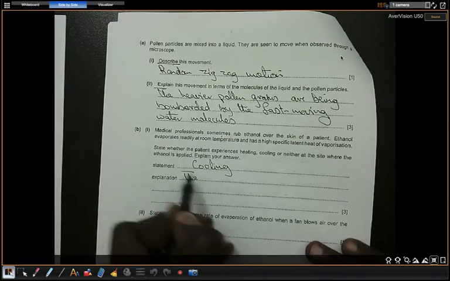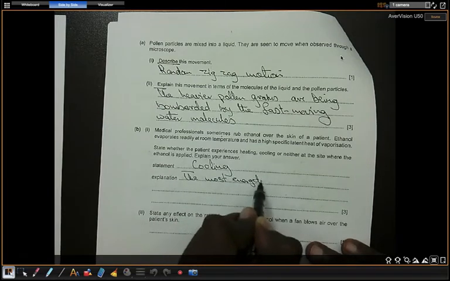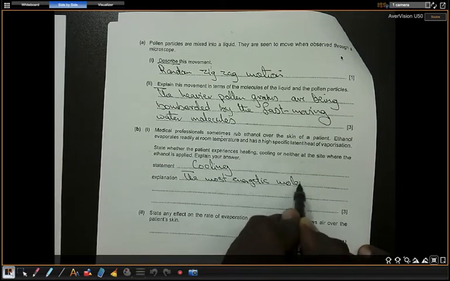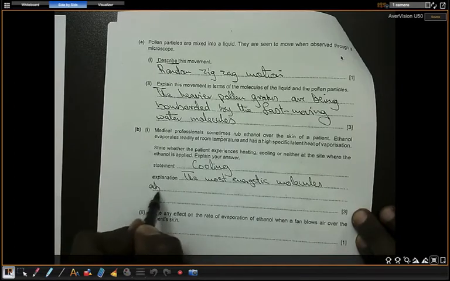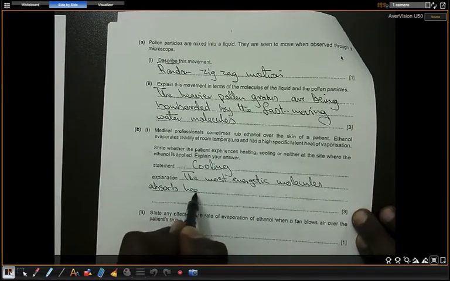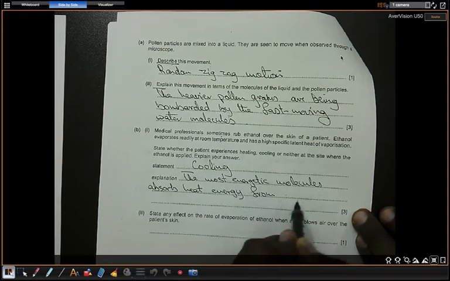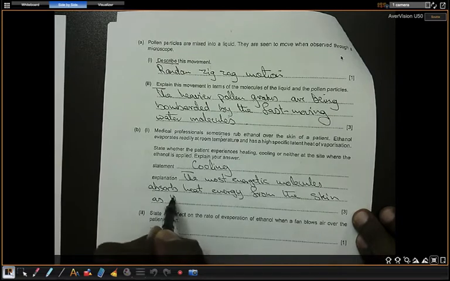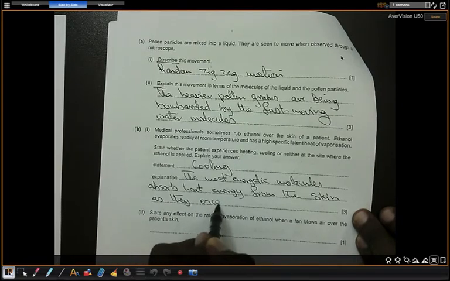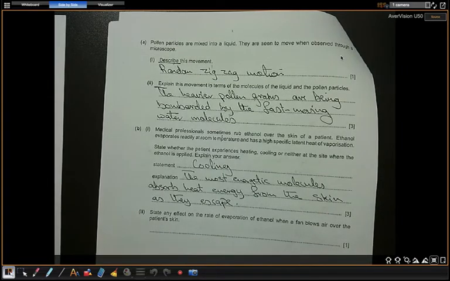Explanation: the most energetic molecules absorb heat energy from the skin as they escape. That's a very decent answer.